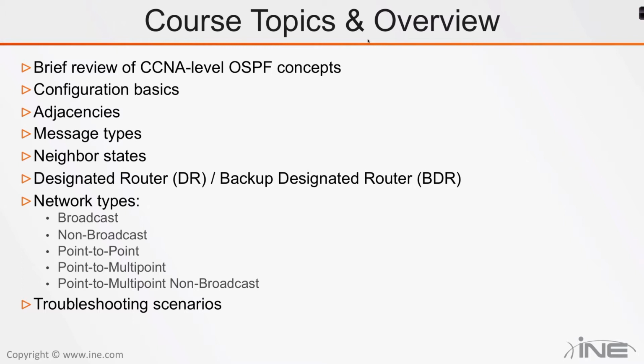And so we're going to continue that trend throughout this course, where we're going to cover a topic, and then we're going to talk about the different troubleshooting scenarios that you may run into, right? What happens when the network types don't match? What happens when the adjacency isn't forming? Why would that happen? And so we're going to look into each of those things, and those are going to take place right after we have the discussion on the topic. That way the information is fresh.